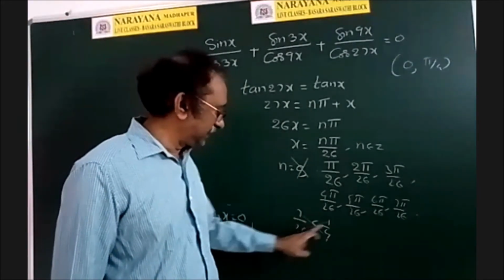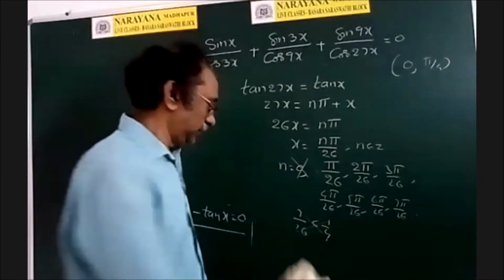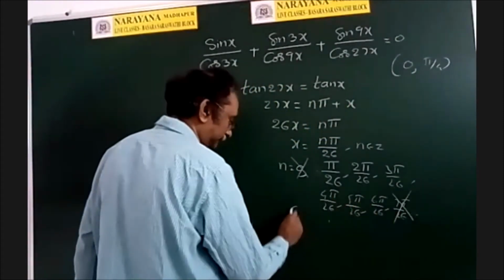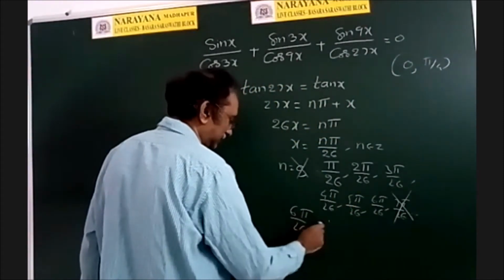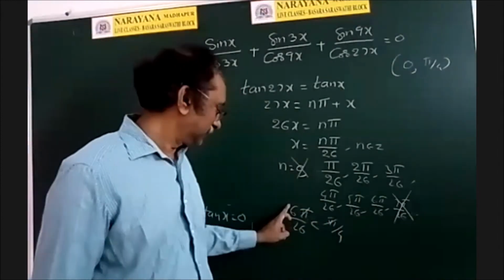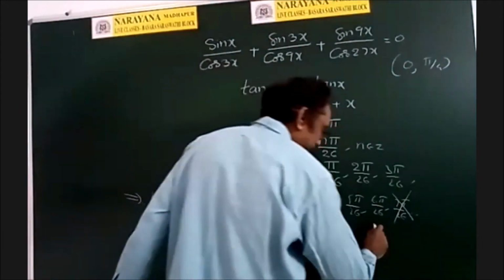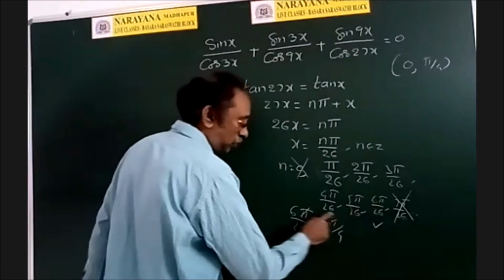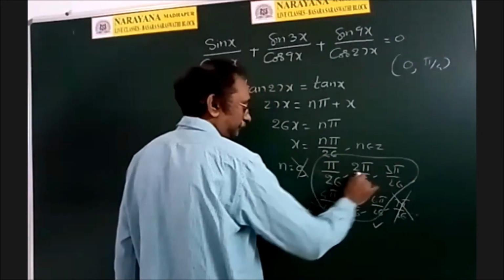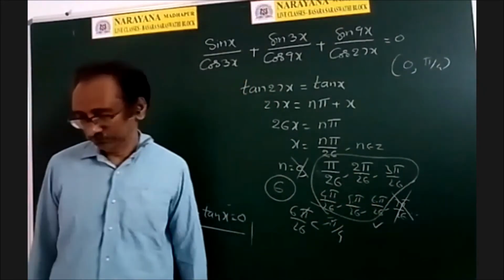That is 28 less than 26. Wrong. Therefore, this is greater than pi by 4, so don't take this one. And write this one, 6 pi by 26 less than pi by 4. Is it true or not? Cross multiply, 24 less than 26. Okay. Therefore, this is less than pi by 4, and hence all these are less than pi by 4. So, number of solutions is how many? 6 is the answer.